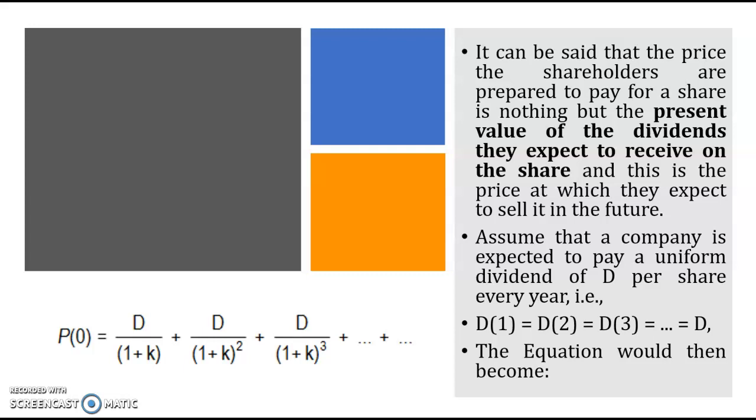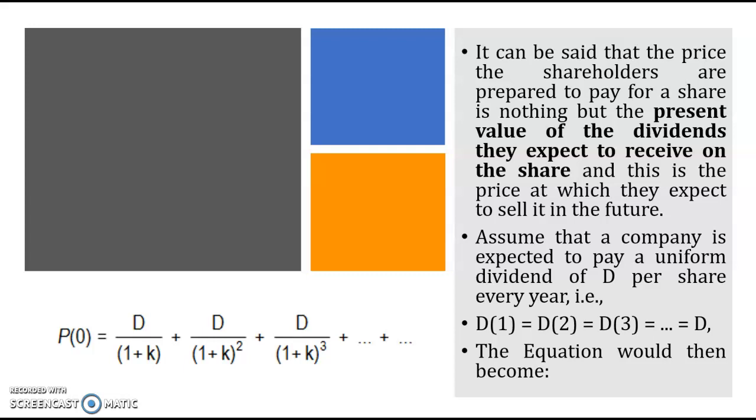Assume that a company is expected to pay a uniform dividend. This is just one example. It is generally not the case. In reality, the dividend does not remain constant. The dividend fluctuates, or if it is a growing company, the dividend increases. But for the time being, let us assume the dividend is constant, that is D1 for the first year, the second year, the third year, and so on. Then we can evaluate the present value as such.